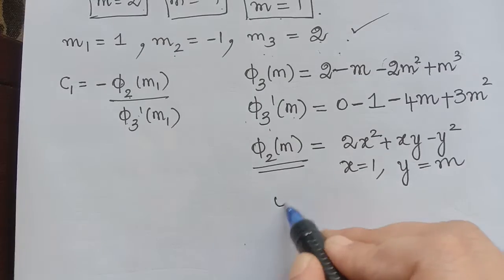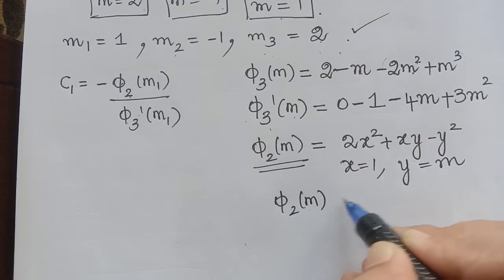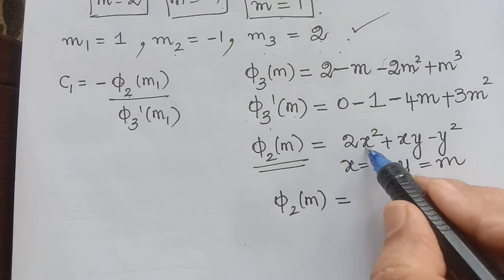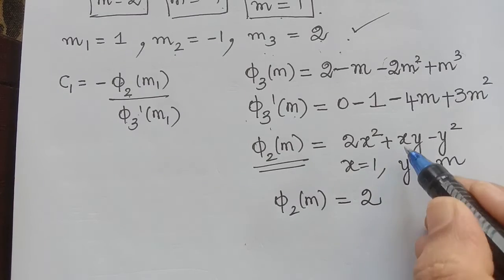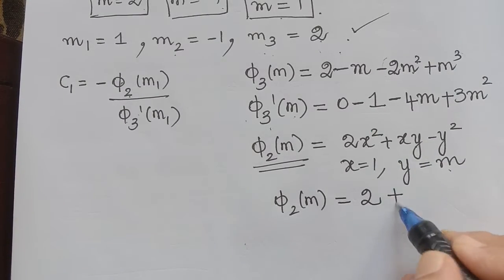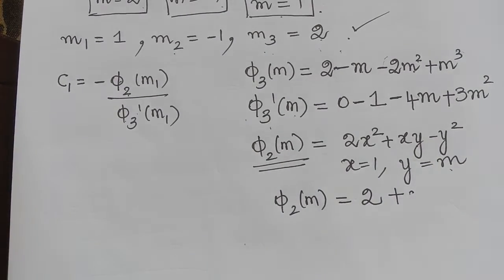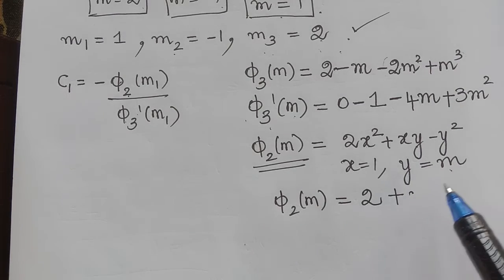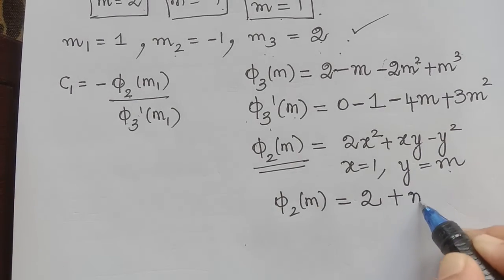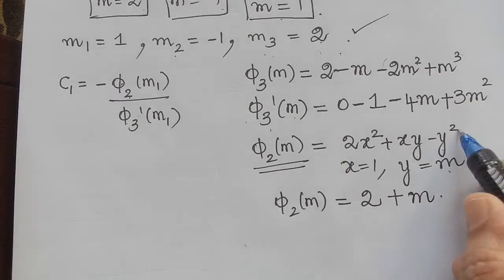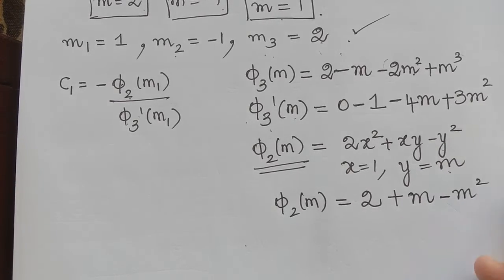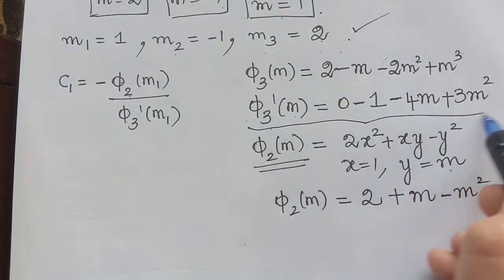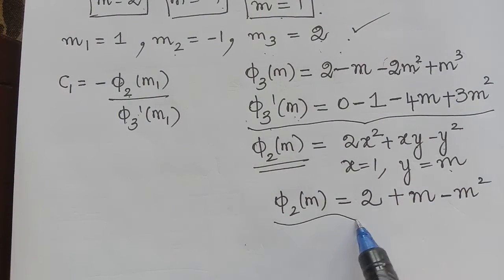So phi 2 of m will be equal to, if you put x equal to 1, you get 2, and y equal to m, so you will have only m, and then minus y square, so minus m square. So this is phi 3 dash of m and this is phi 2 of m.